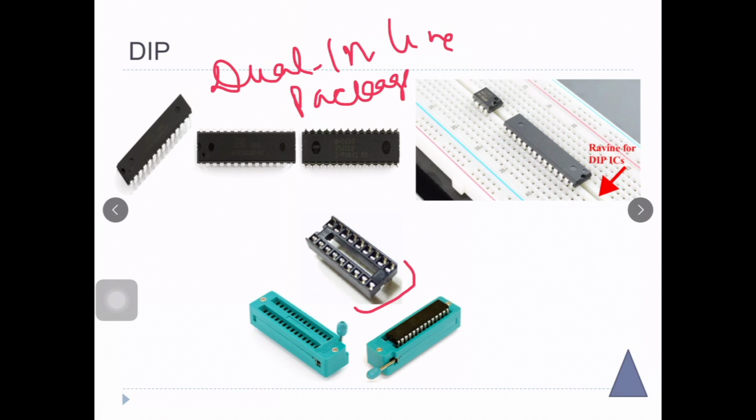When a socket is soldered on the PCB, you can place any IC on this socket and the connection is made with the PCB. So this helps in the frequent debugging and soldering of the IC. In the breadboard, the DIP IC can be placed like this.